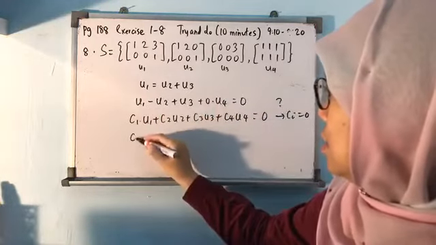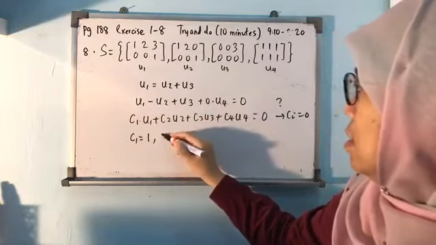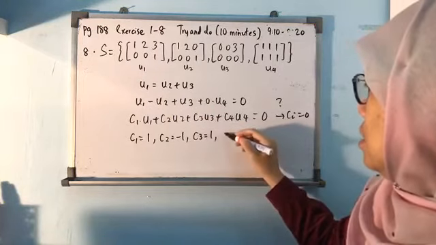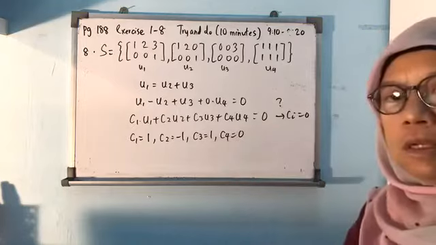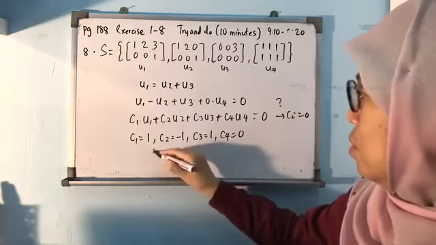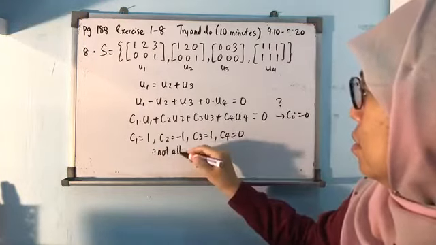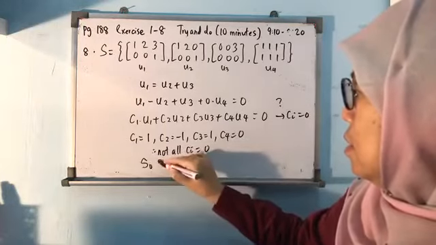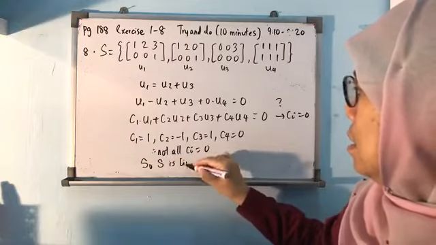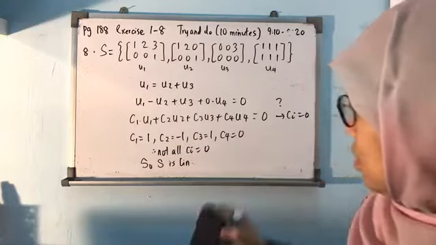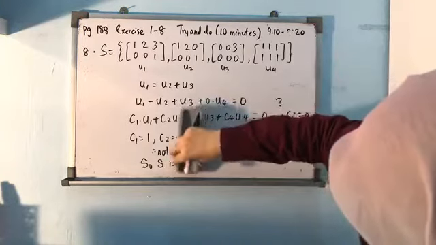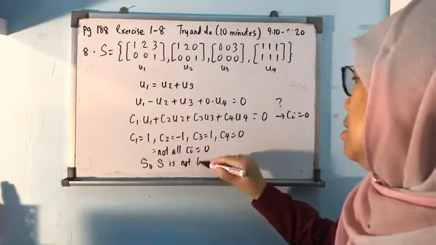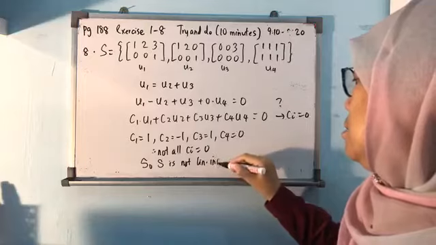You will say that C1 is 1, C2 is -1, C3 is -1, C4 is 0. So, not all Ci is 0. So, S is, soalan dia linearly independent, kan? S is not linearly independent.